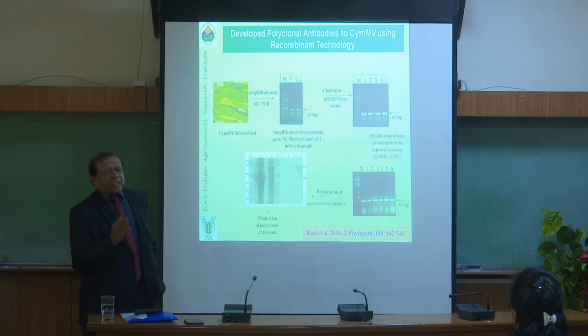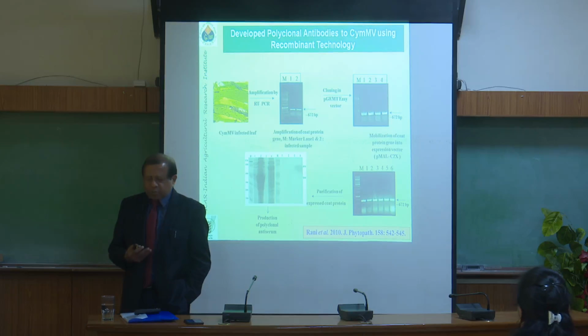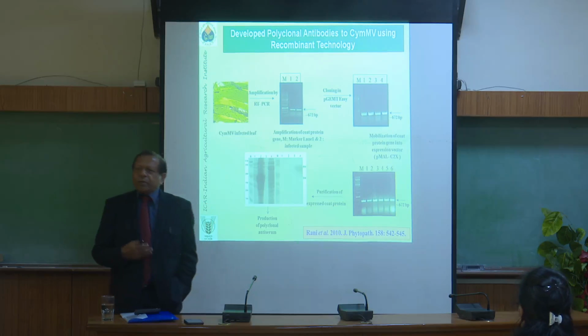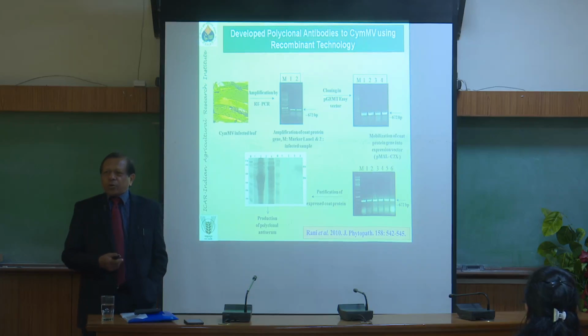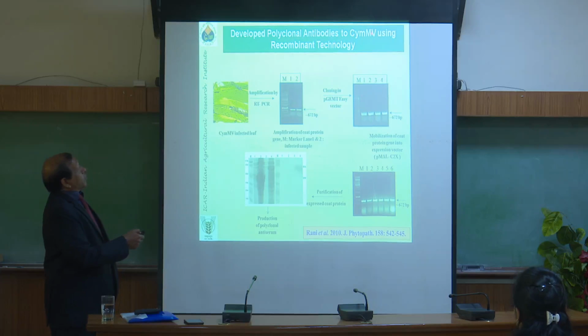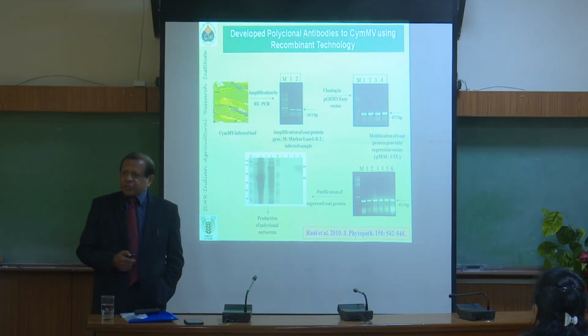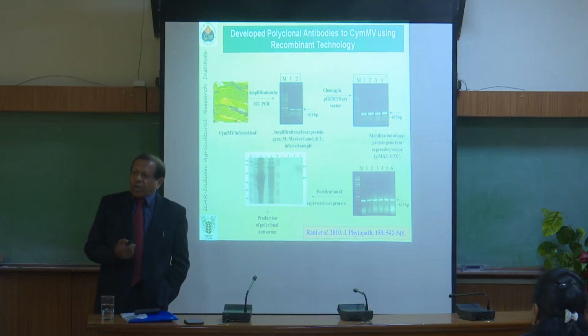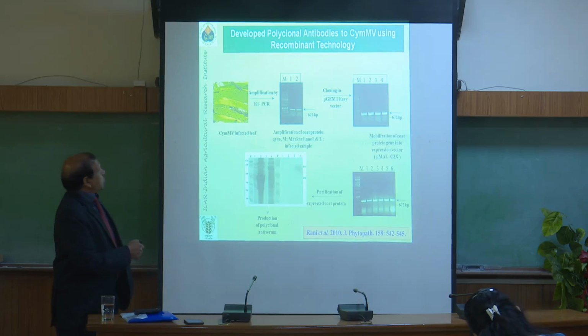Just to give you a few examples, in the recent past we have used the same approach. For example, we were working on a virus called Cymbidium mosaic virus on orchids. This is an important virus when you talk of orchids. So what we did is we went for RT-PCR, we amplified the coat protein gene, cloned the gene in pGMT vector.